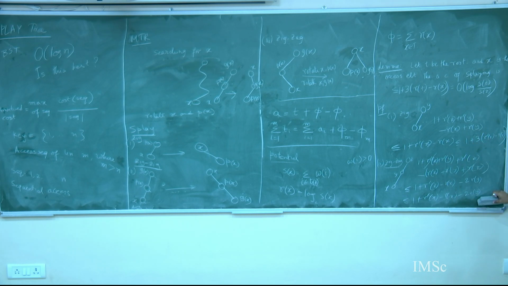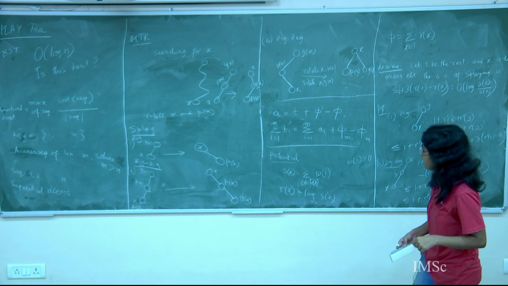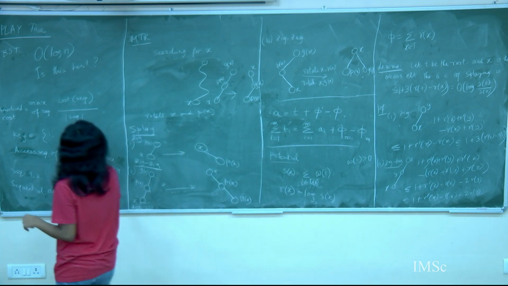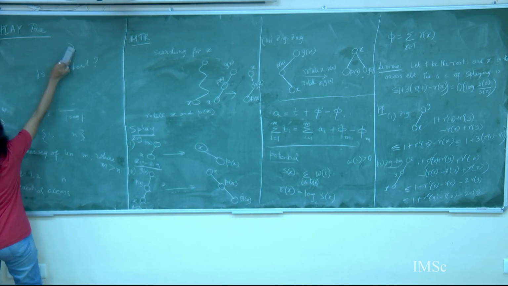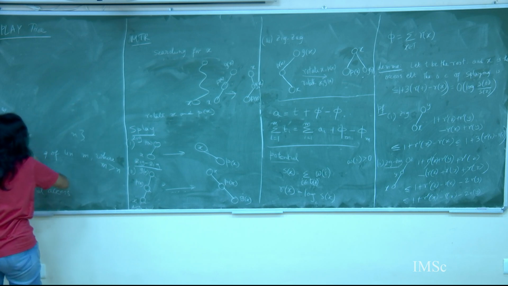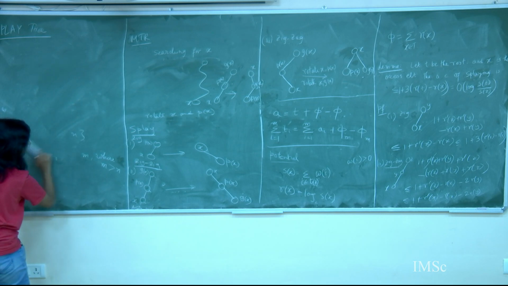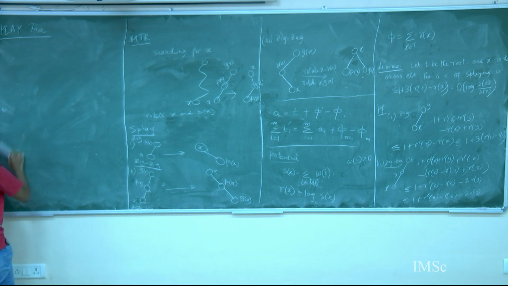Now I want to upper bound this thing. Remember these are all log functions. R of x is a log of s of x. So can you tell me what should be the upper bound for this?